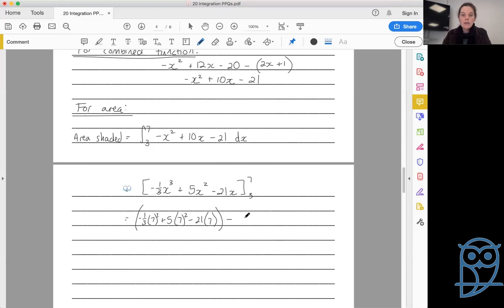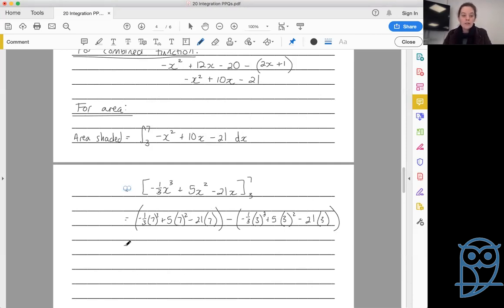Minus, then we insert our lower limit. Minus a third, 3 cubed, plus 5, 3 squared, minus 21 times 3. And there is that ever so important for method marks, clear substitution of our limits.